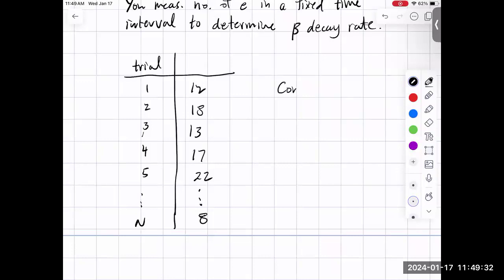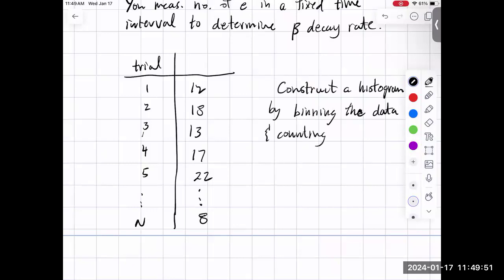So we construct a histogram by binning the data and counting the number of trials that fall within each bin.